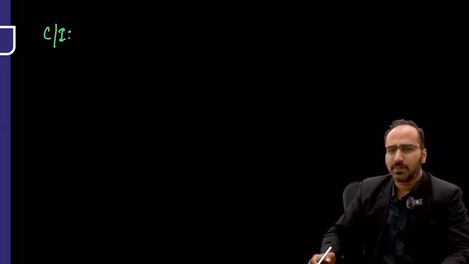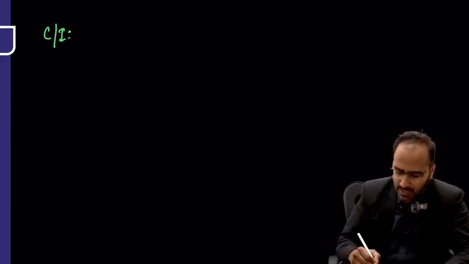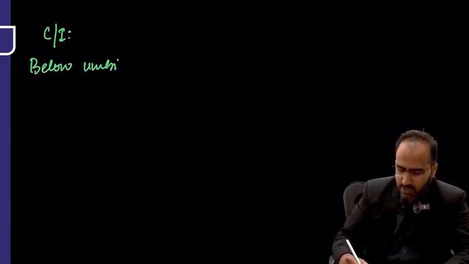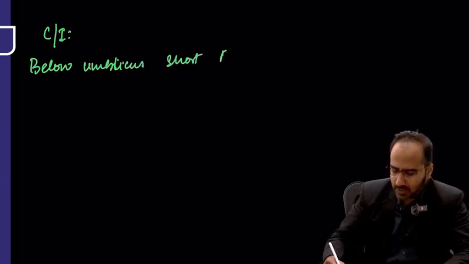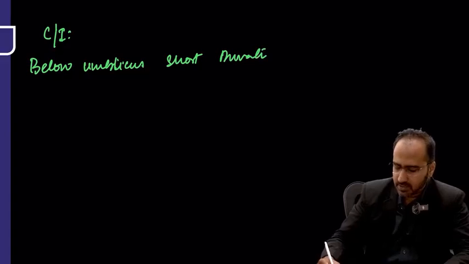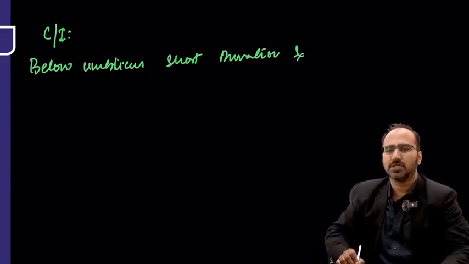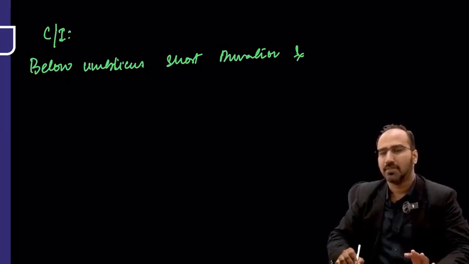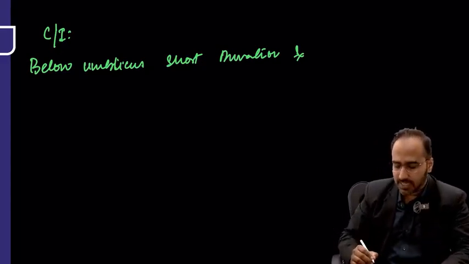In some conditions, spinal anesthesia should not be given, even though the patient might be posted for a below-umbilicus short duration surgery. Even though the patient is posted for some short duration surgery such as appendicectomy, in some conditions spinal is contraindicated. What conditions, guys?